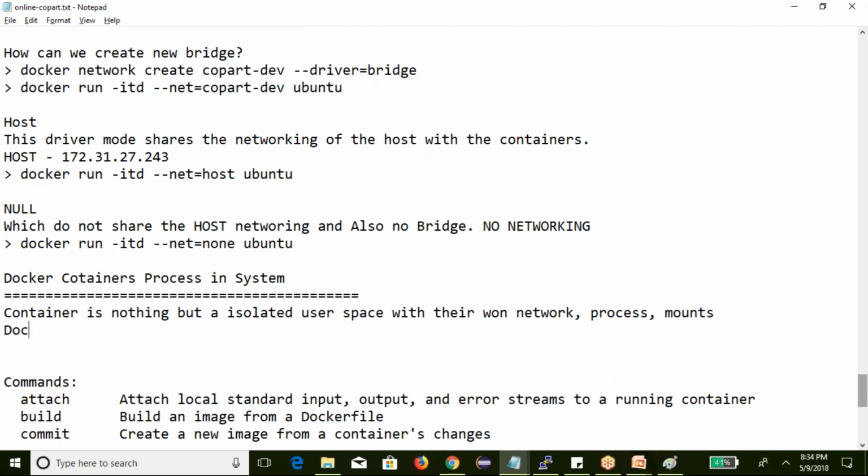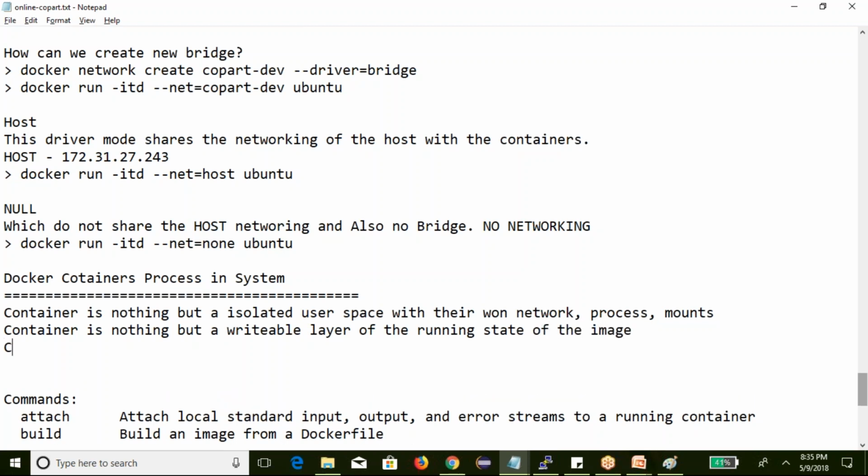Second definition, I said a container is nothing but a writable layer of the image, of the running state of the image. Third statement, I said a container is nothing but a running state of the image.